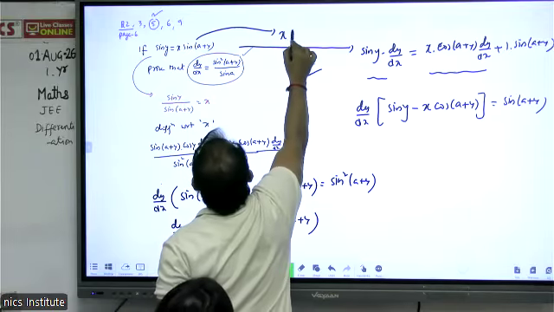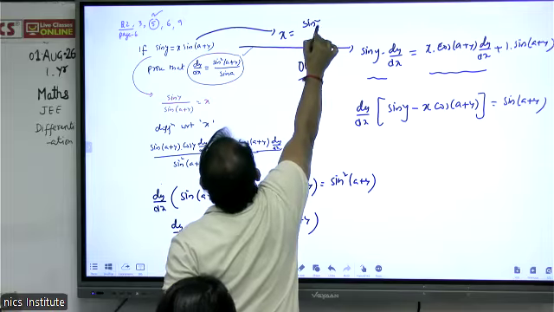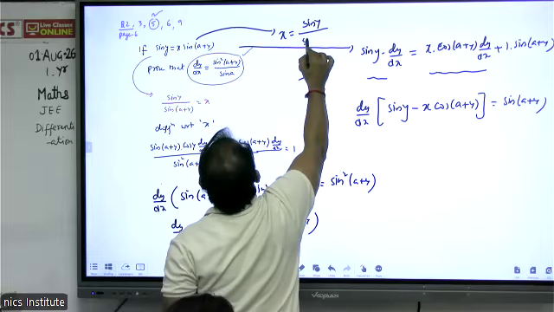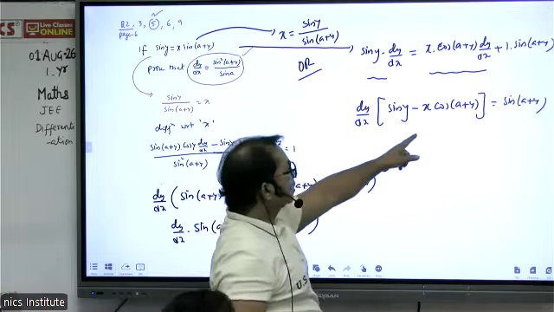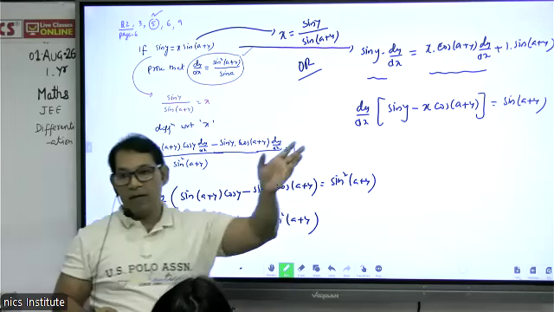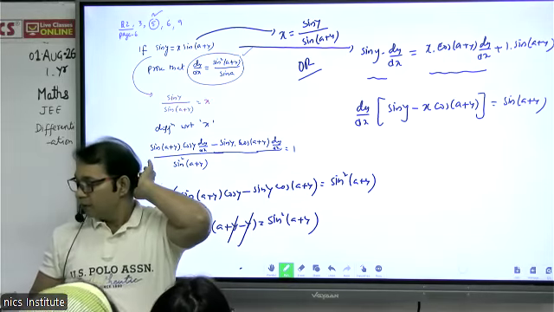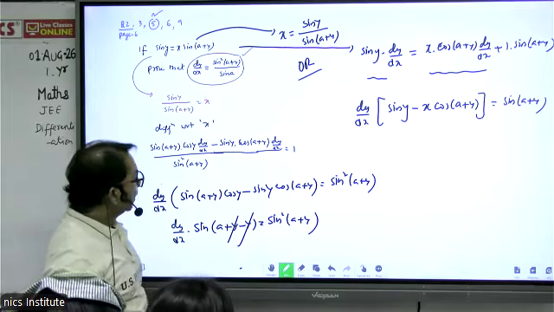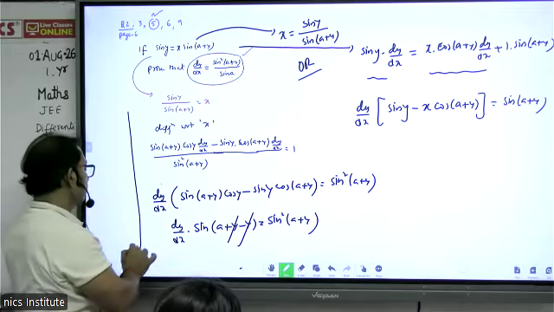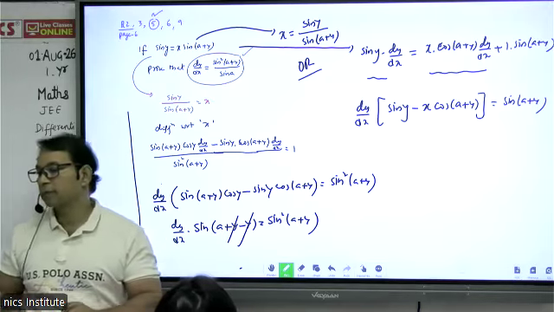X is sin y over sin(a + y). Replace it over here, take LCM, apply identity, and then slightly longer question. But since there was no x, I rearranged and did it differently. This is a shorter method. Next करो.